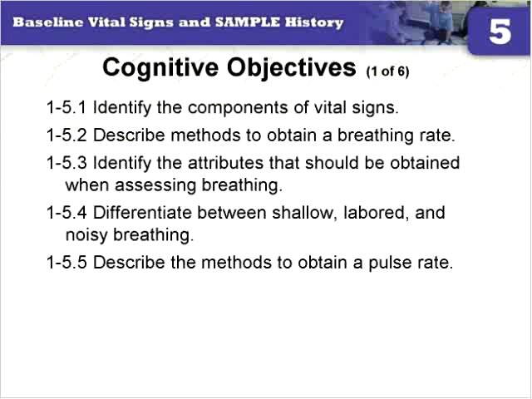These are the cognitive objectives that we're going to be covering. Vital signs: how to obtain breathing rate, attributes attained when assessing breathing, differentiate between shallow and labored breathing, and describe the methods to obtain pulse.